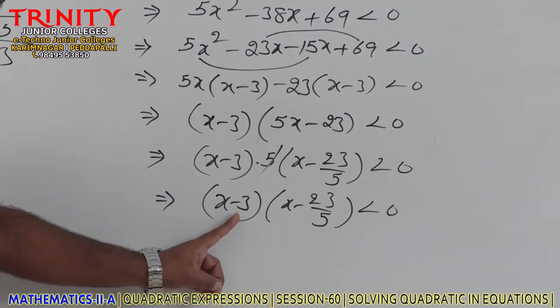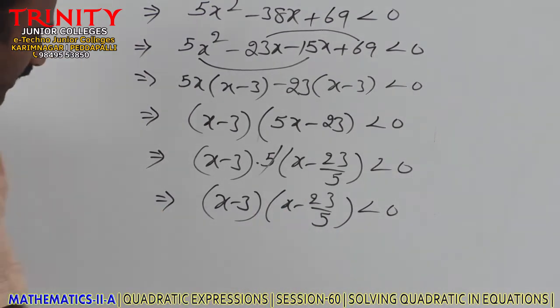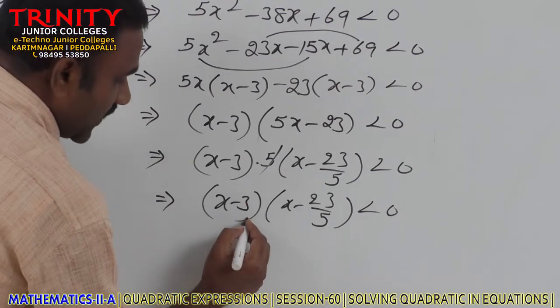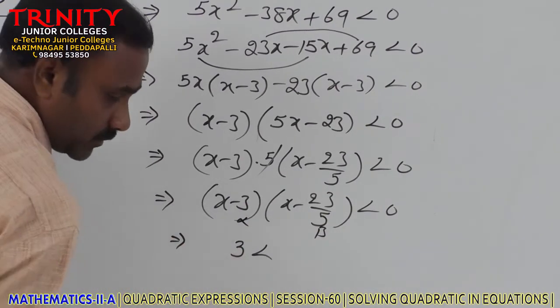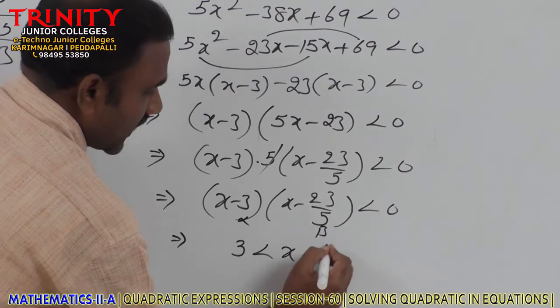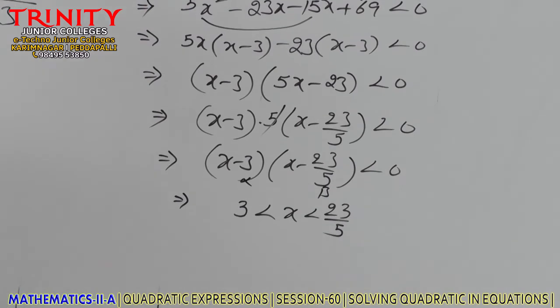Now it is in the form of x minus alpha into x minus beta less than 0. This is alpha, this is beta. Therefore 3 less than x less than 23 by 5.